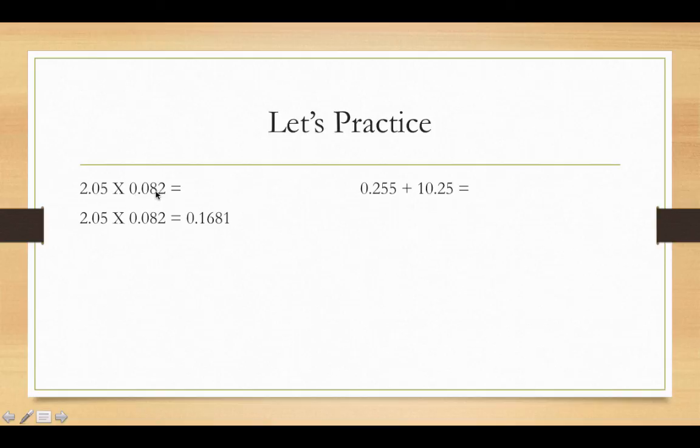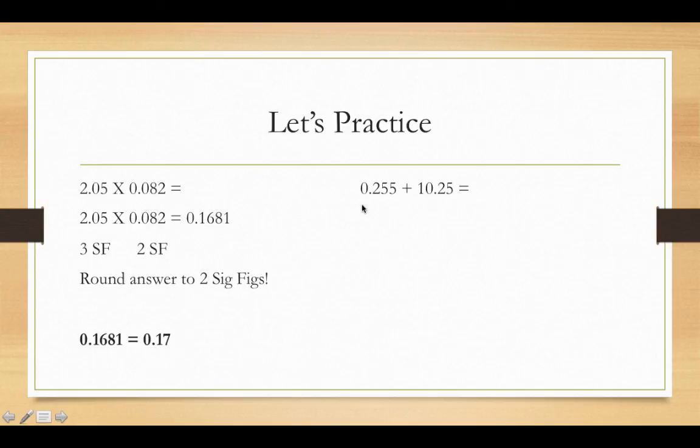This measurement only has 2 significant figures because both of these zeros are to the left of that box. So my answer needs to have 2 significant figures. That means I'm going to round it to 0.17. Again, this 0 wouldn't count as a significant figure because it's to the left of the box.